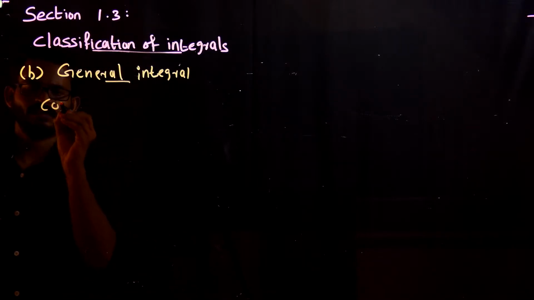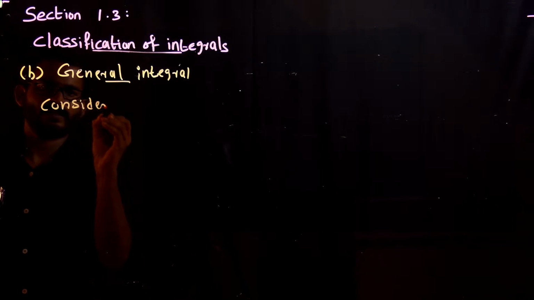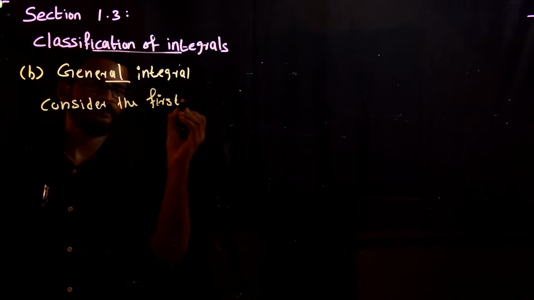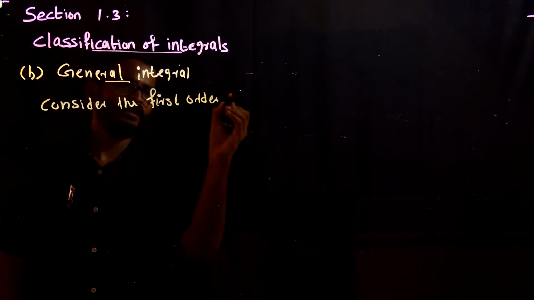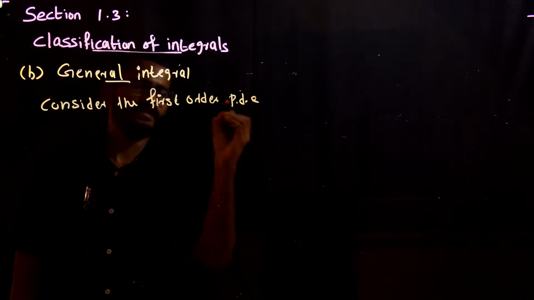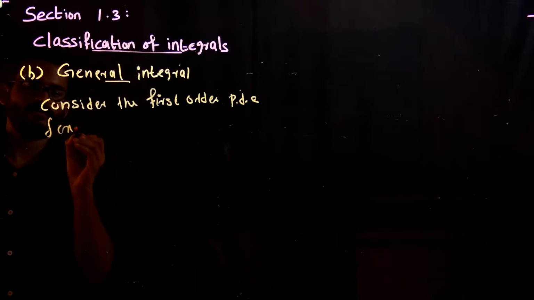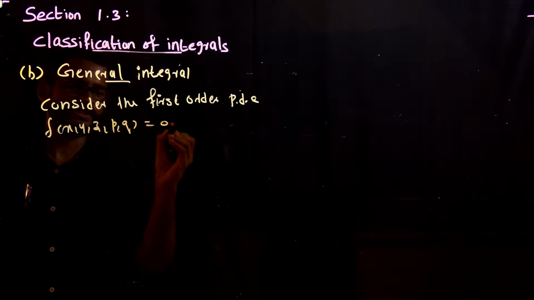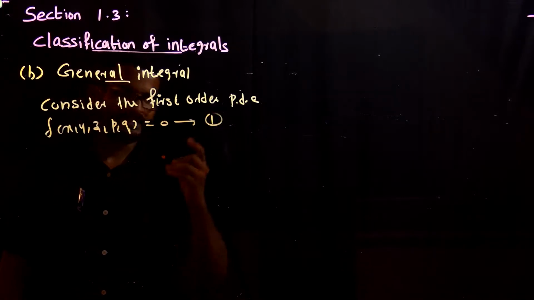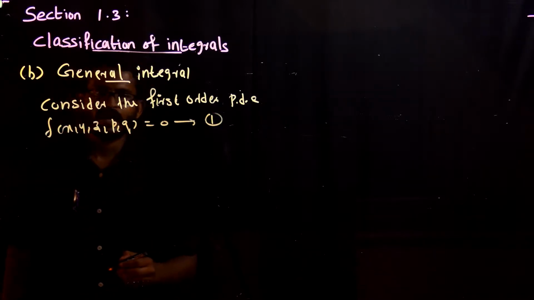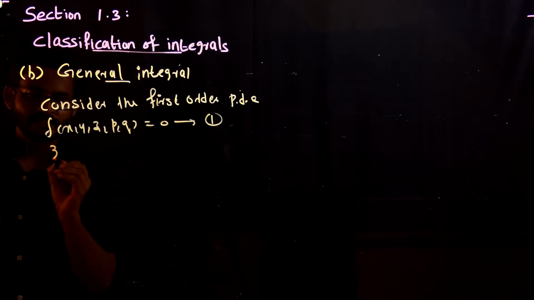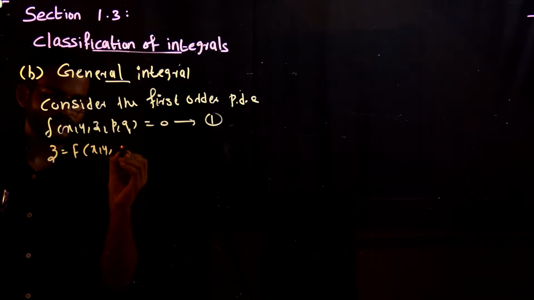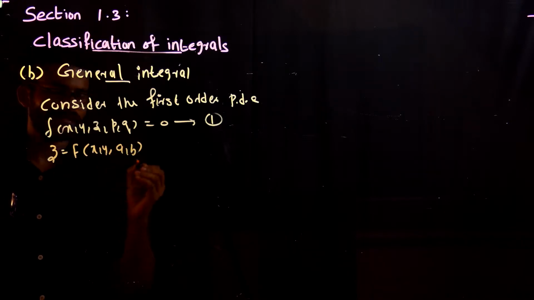Consider the first order PDE f of x, y, z, p, q is equal to 0 and mark it as equation number 1. And also consider z is equal to capital F of x, y, a, b.